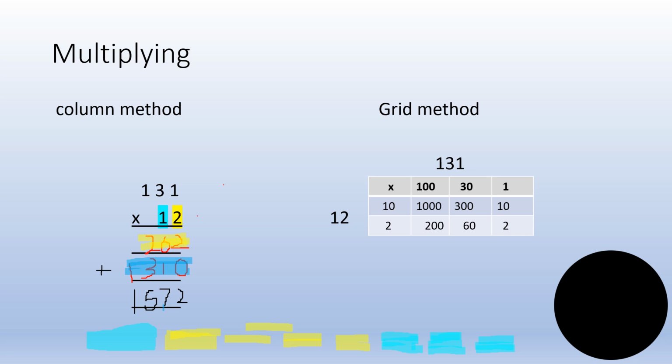So I can work out in each box what the 10 multiplied by the 100 is and write the answer. And then in the box below, I'm doing 2 multiplied by 100 and write the answer, which gives me 1000 for 100 multiplied by 10 and 200 for 2 multiplied by 100.